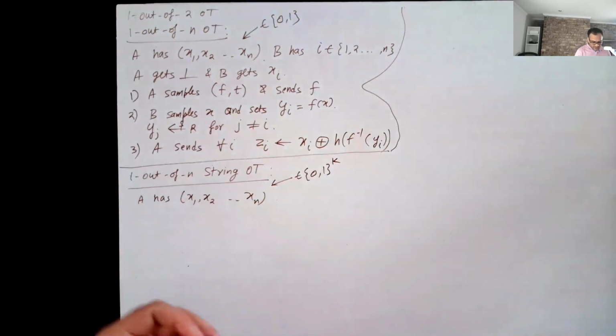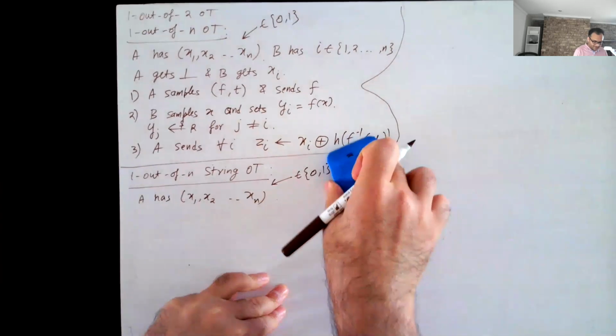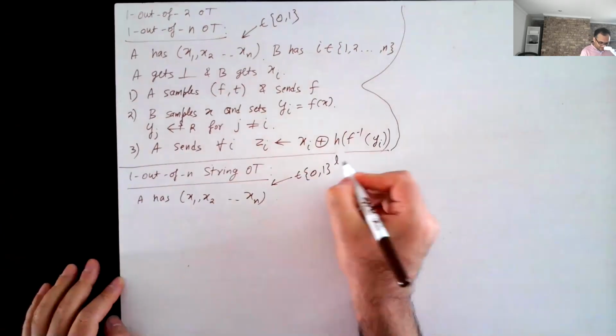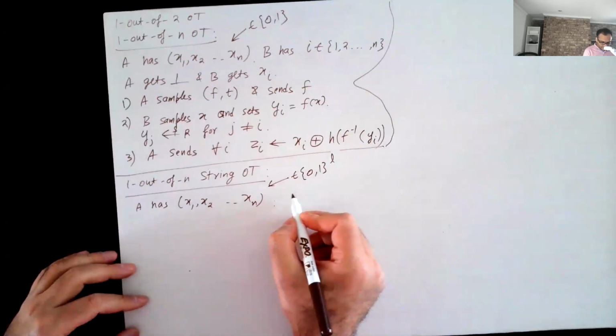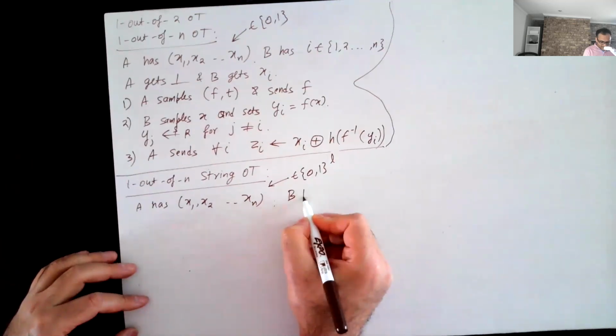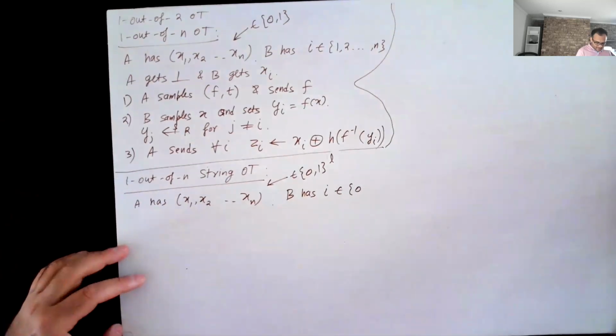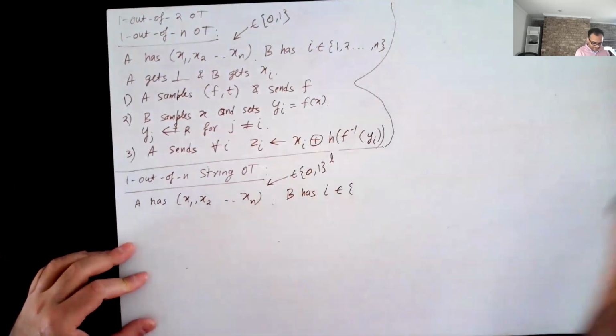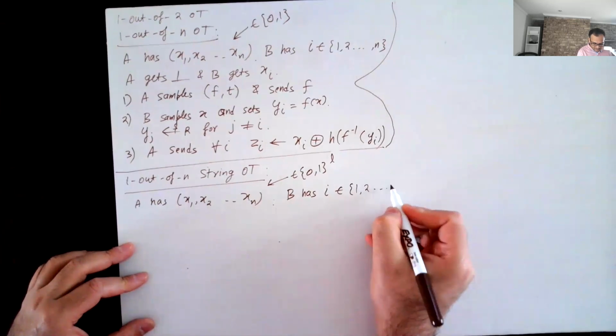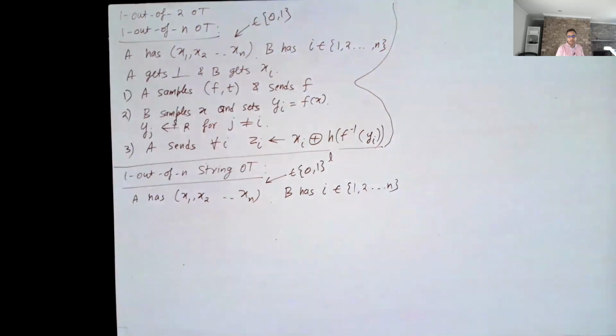Or let me call it L. Okay, B still has the same I from 1 to n. So how can we construct a 1 out of n string OT?